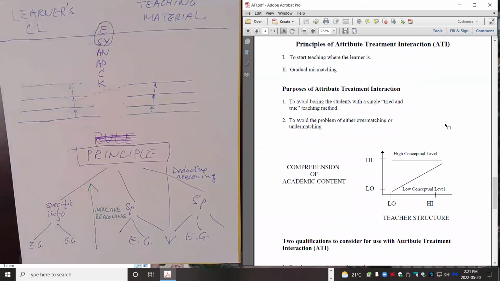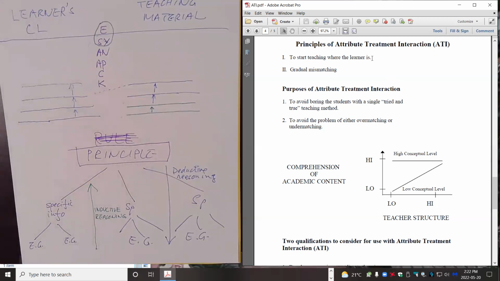Take a look at Hunt's principles of attribute treatment interaction, ATI, to start where the learner is. This is what William James mentioned back in 1890.